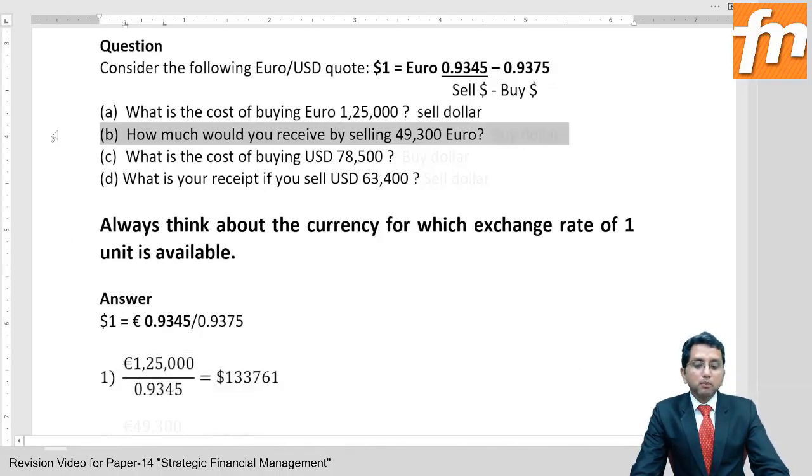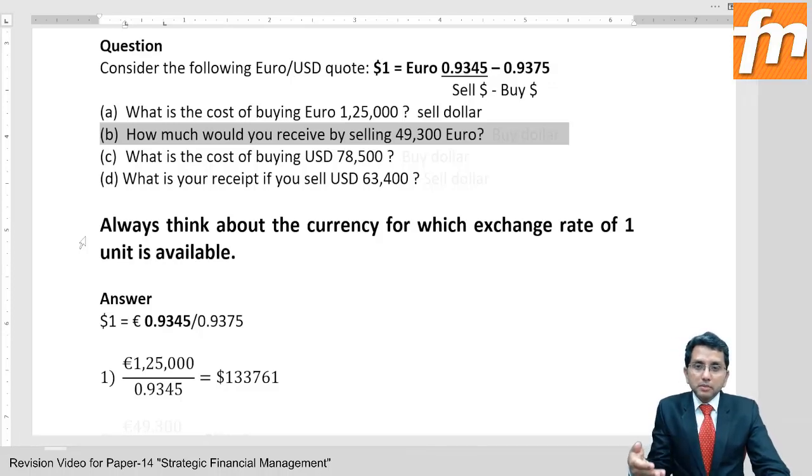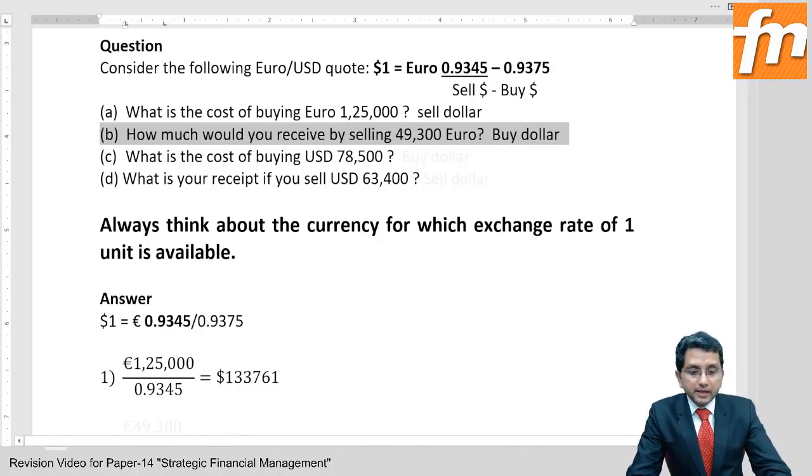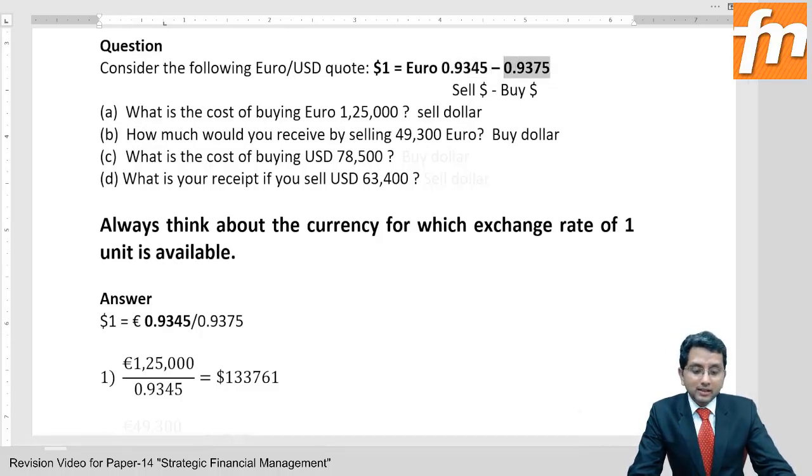See, look at the B point. How much would you receive by selling 49,300 euros? I have decided that I'll think in terms of dollars only because the rate is given for $1. So selling euro means buying dollar. If I'm buying dollar, being the quote taker, I'll be able to buy it at the higher, unfavorable rate of 0.9375.